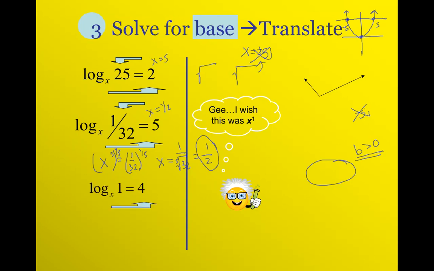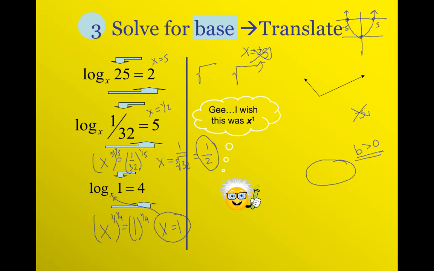What about this last one? The exponent that turns x into 1 is 4. So x to the power of 4 equals 1. Raise both sides to the 1/4 power. This is going great. X equals 1. Great. No, not great. What's wrong with this? Can your base be equal to 1?